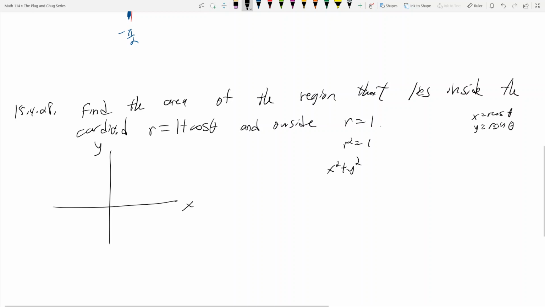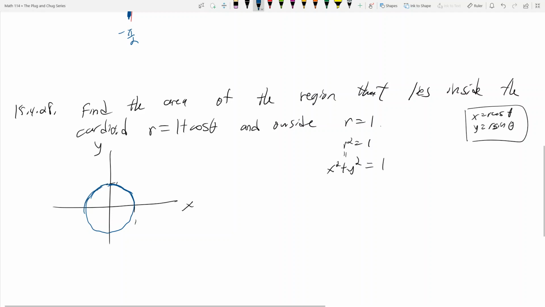Go back to the polar coordinates limits video if you don't remember this, but that's the substitution we make. And so x squared plus y squared equals r squared, which equals 1. And so this is a circle of radius 1, okay? So radius 1, and then we get a circle.